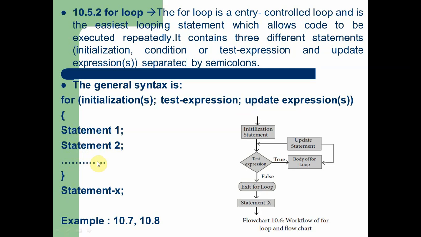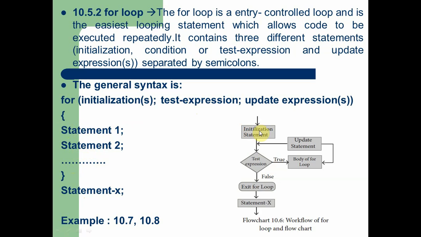Here you can see the four elements of any loop: initialization expression, test expression, update expression, and the body of the loop. This is statement X. It always executes, whether the loop executes or not. After the for loop execution completes, statement X will execute automatically. We can understand this by the flow chart.